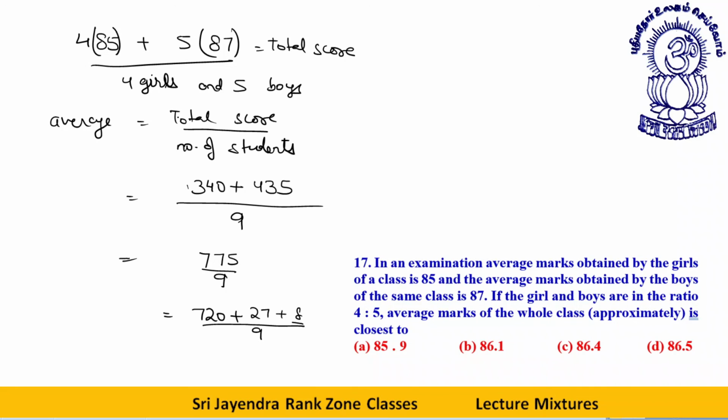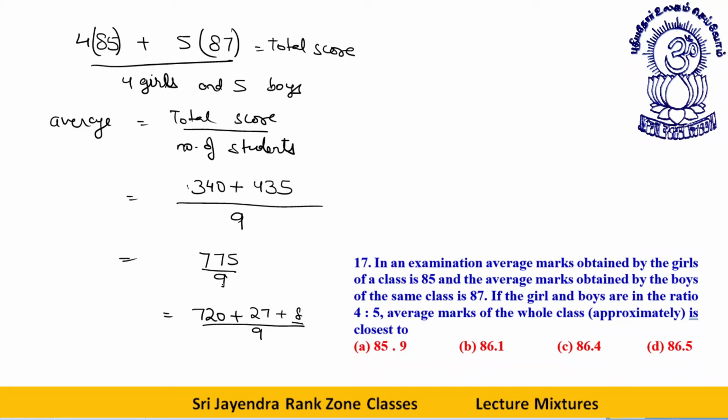I hope I'm not doing any mistake. 4 into 85 will be 340. 5 into 87 will be 435. 775 by 9. Yeah, a small mistake which I was doing.